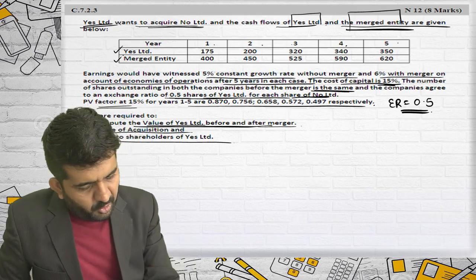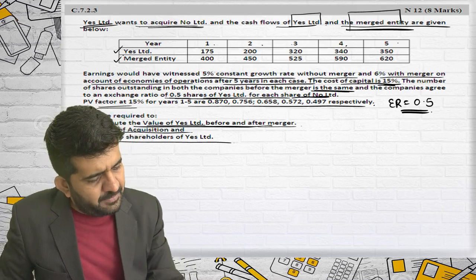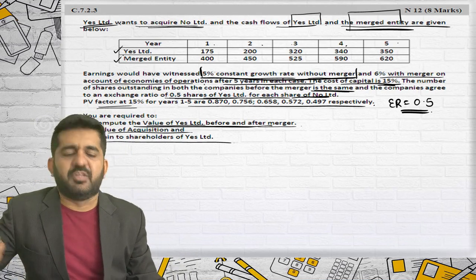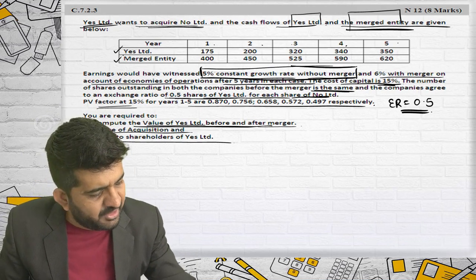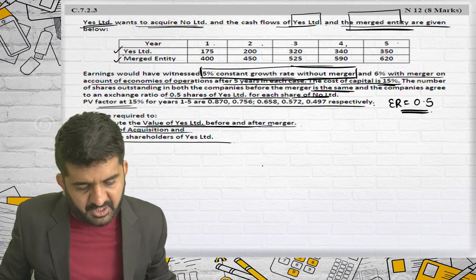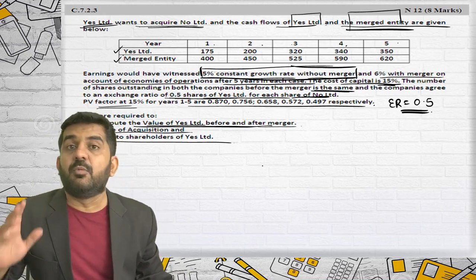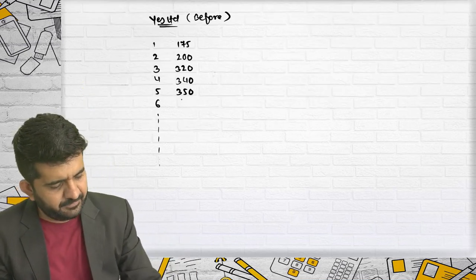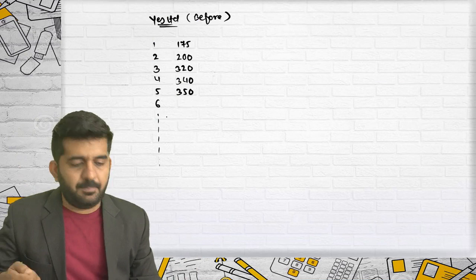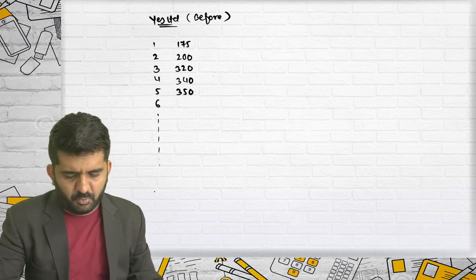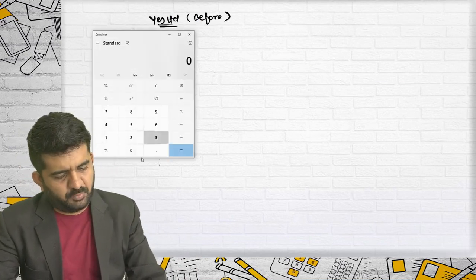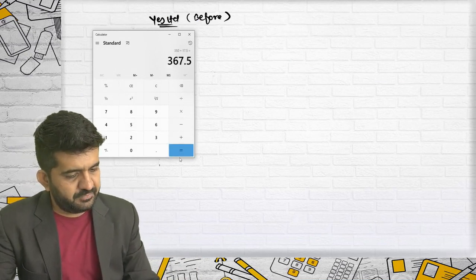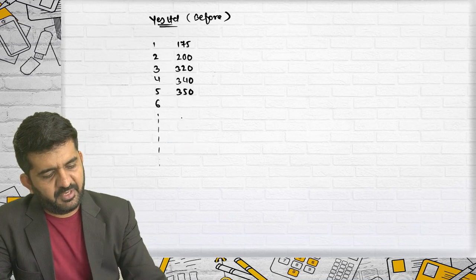No. Earnings would have witnessed 5% constant growth without merger. As I am doing without merger, I will be taking a growth rate of 5%. And when it will end, it will never end. So from now onwards, there will be 5% growth. Let me first find out the 6th year cash flow. 350 plus 5 percent, 367.5.